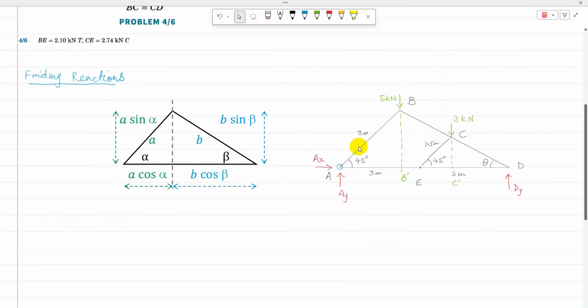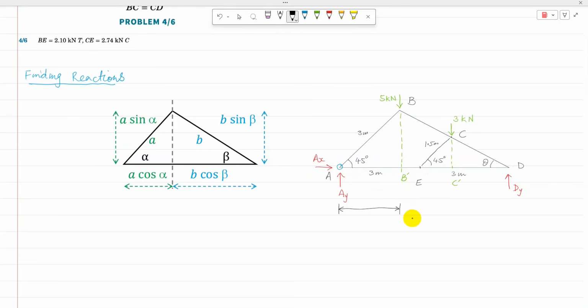Now again using similar triangles, if angle BAD is 45, then CED must be 45. Now 3 meters is given. If I draw a perpendicular line from B to B dash and C to C prime, then it is possible to find the distance from A to B dash, which is the horizontal component of AB.